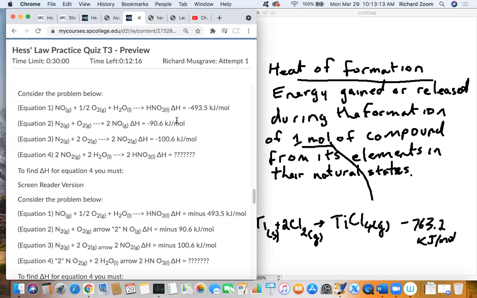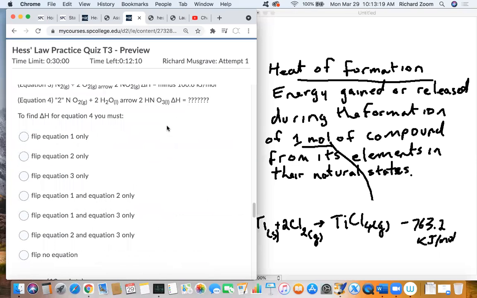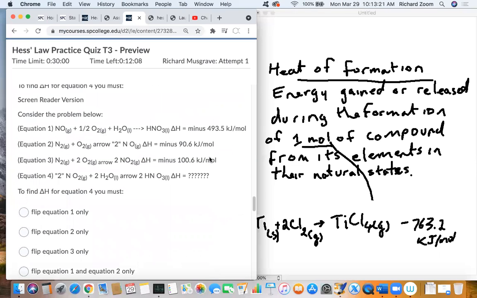Right, in these down here, we're looking just to see which one we have to flip. And you can see it gives you all different possible combinations of that. And in equation 4, this is what we're looking for. So I'm looking, first of all, for NO2. Where's NO2? It's in equation 3.